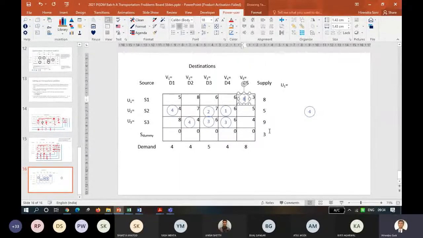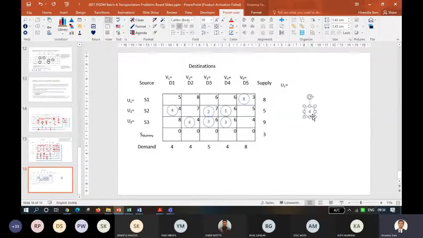Perfect. Whenever you have made the allocations, always check whether the row and column constraints are getting satisfied. Okay.